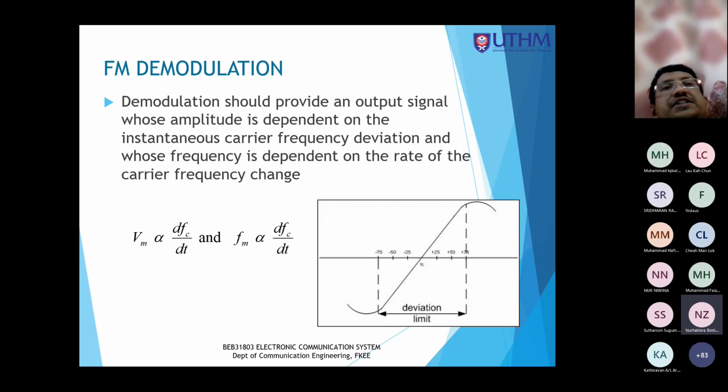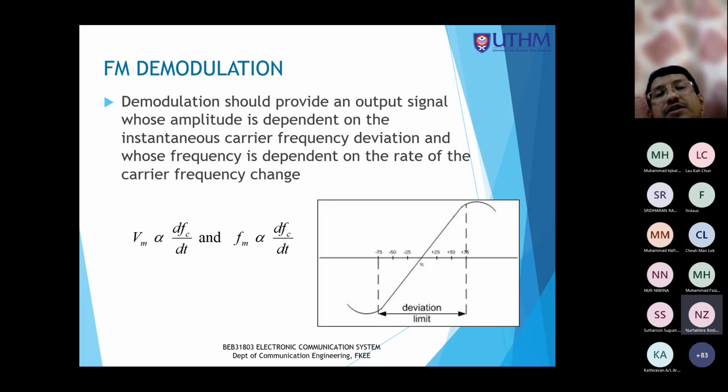Because the input to the receiver is an FM signal, which changes in terms of frequencies, what we need to do is convert the input, which varies in terms of frequencies, into an output that varies in terms of amplitude. So we receive an input signal that varies in terms of frequency, because we receive an FM signal.